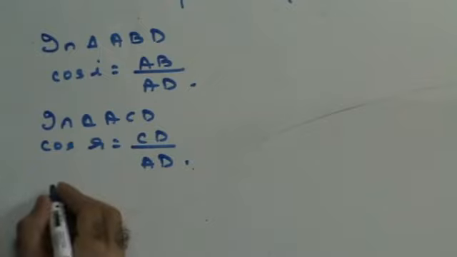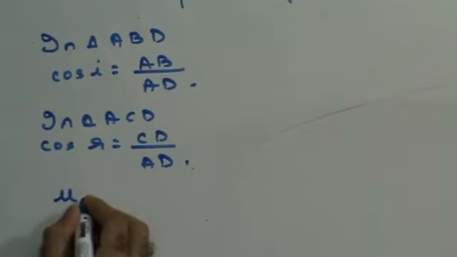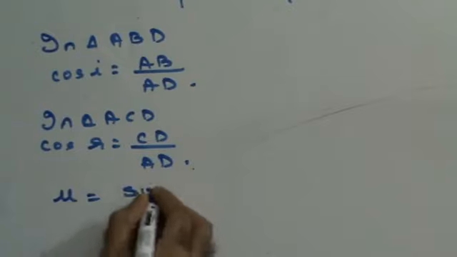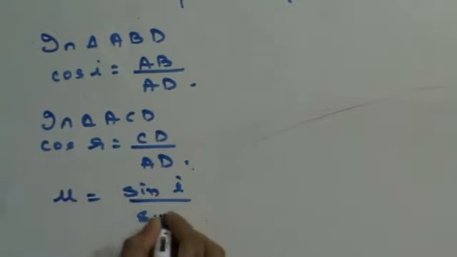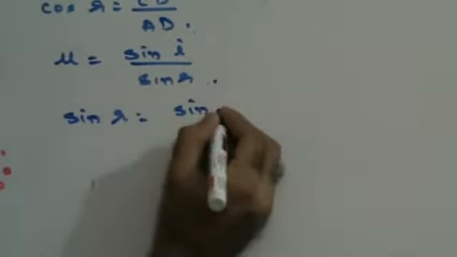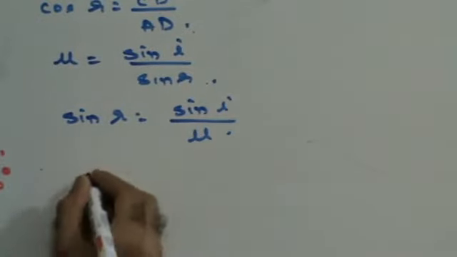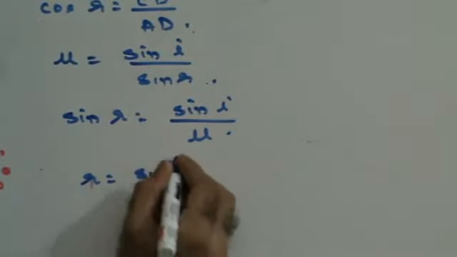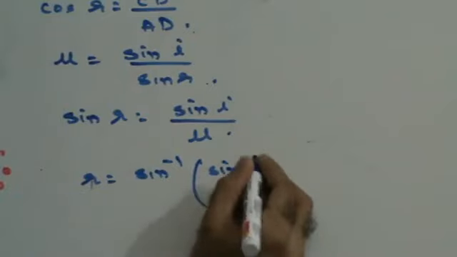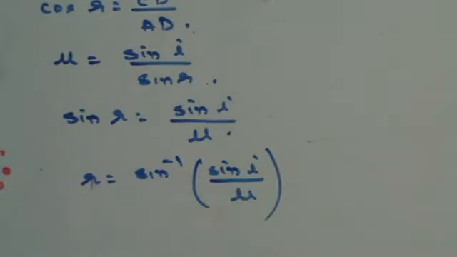Now let's leave that there as it is. Refractive index, Snell's law: refractive index is nothing but sin I upon sin R. Sin R is sin I upon refractive index. Therefore R is sin inverse of sin I upon refractive index. I'll come to know my angle of refraction from here.